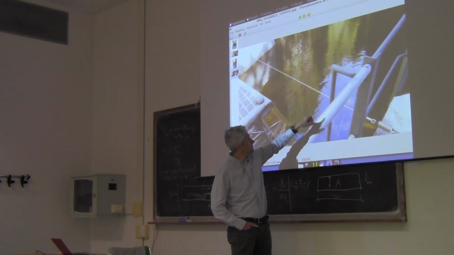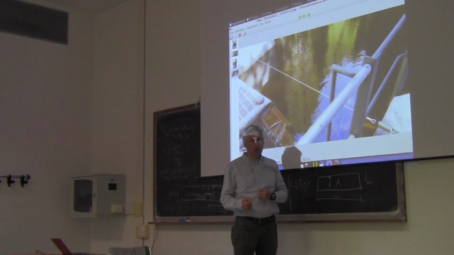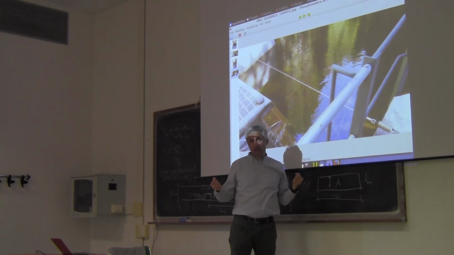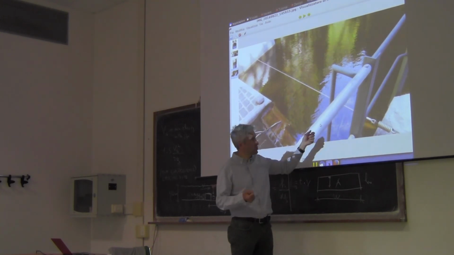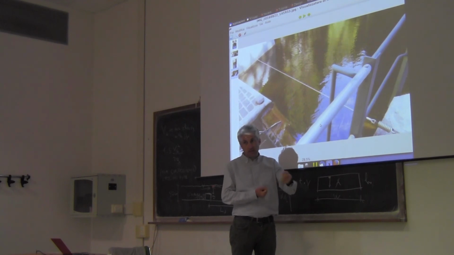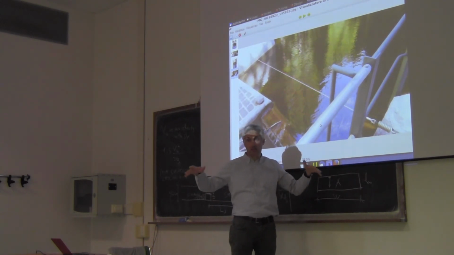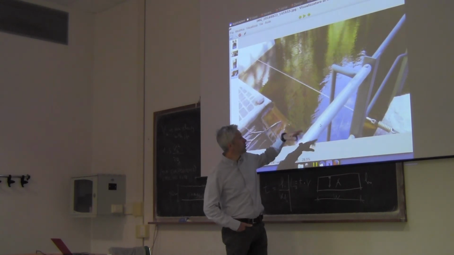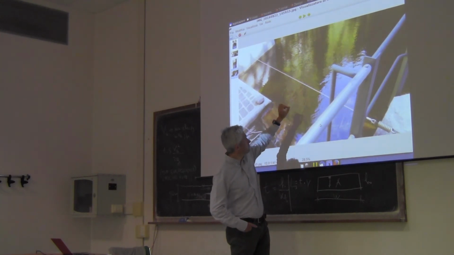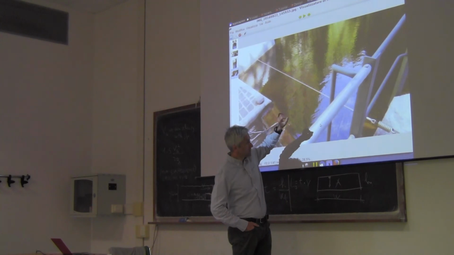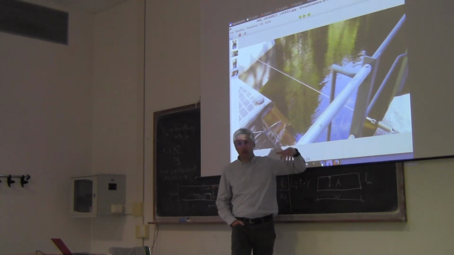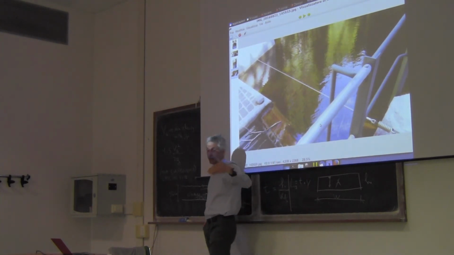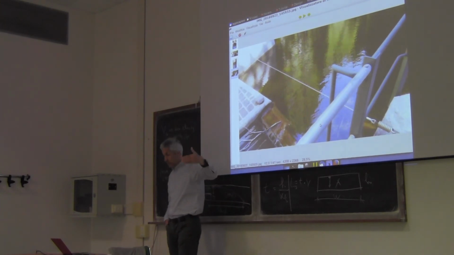I'm not sure whether this wire is meant to monitor the stability of the structure, because maybe they measure extensions, the length of the wire, in order to see if there is differential movement of the structure, or maybe they use the wire to put some measuring instruments once in a while in order to measure the water level.